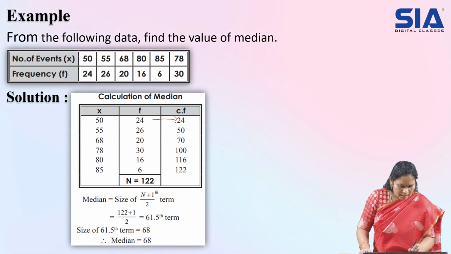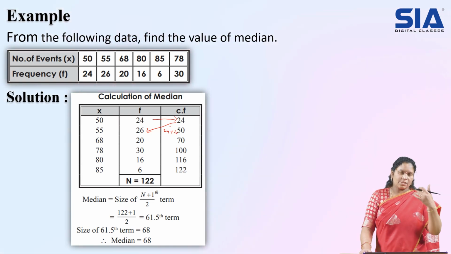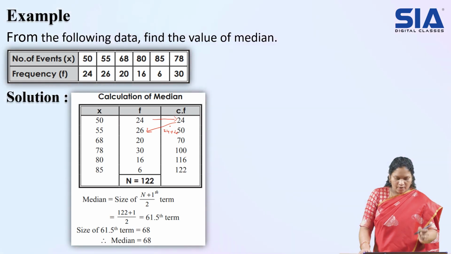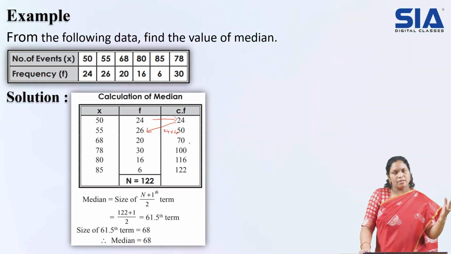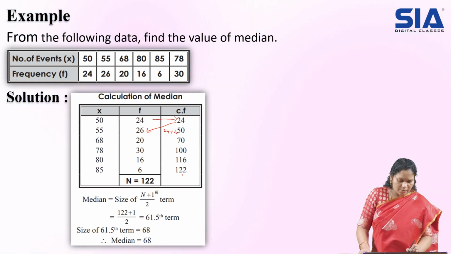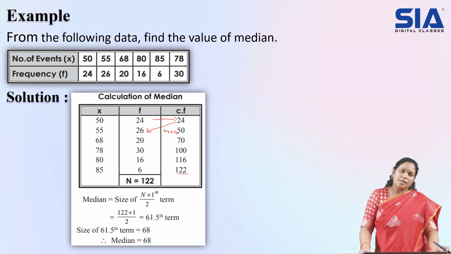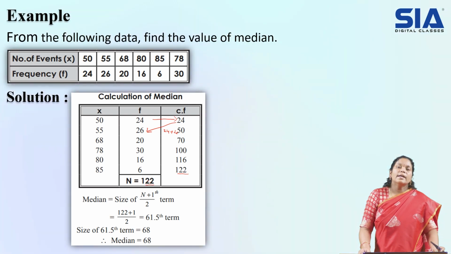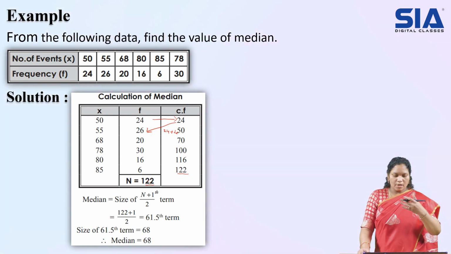Now 24 from the cumulative plus 26, the next value of frequency, gives the second cumulative frequency. In that way, add each cumulative to the next frequency to get all the cumulative frequencies. The last value of the cumulative frequency becomes the total of frequency. Check it, 122, the same value you got, right? So the total of frequency is nothing but the last value of the cumulative frequency.